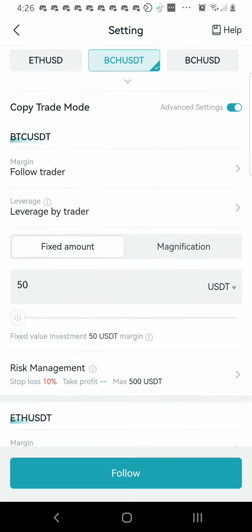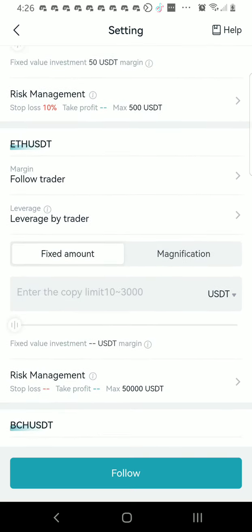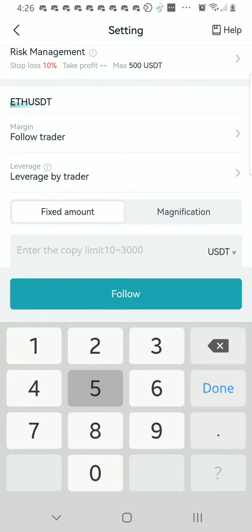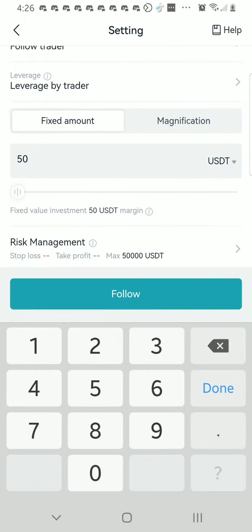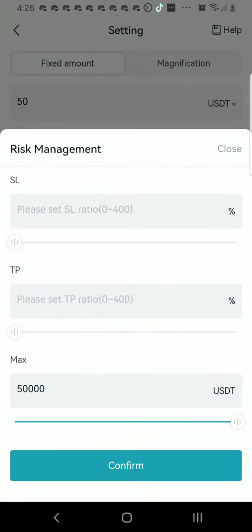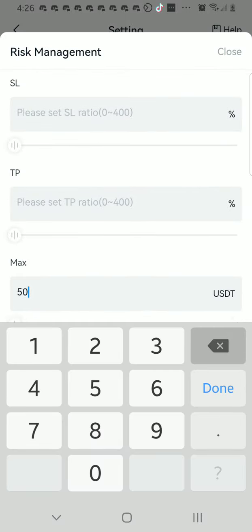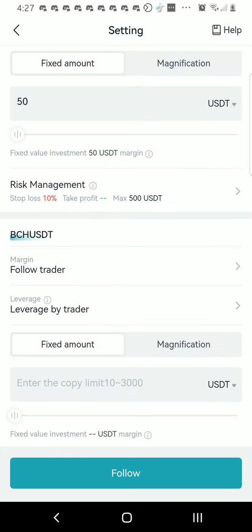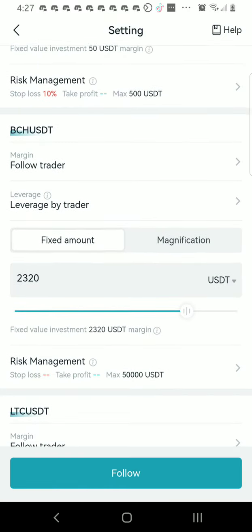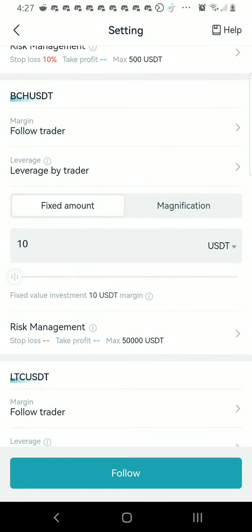Now this is the setup of BTC. This is the setup of Ethereum, 50. And then your take profit, you don't risk 50,000. That would mean if you have 50,000 in your account, it will wipe out your whole account. And then this one 10%. I hope you got this one. BCH, the same thing.